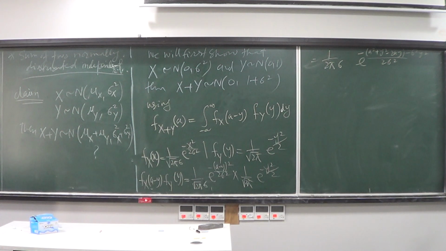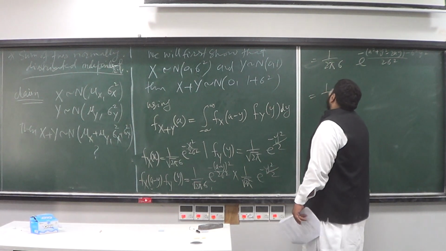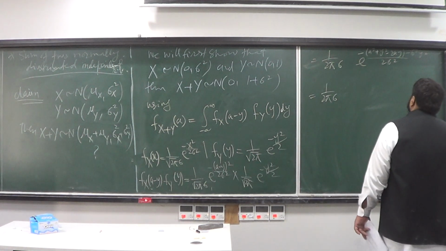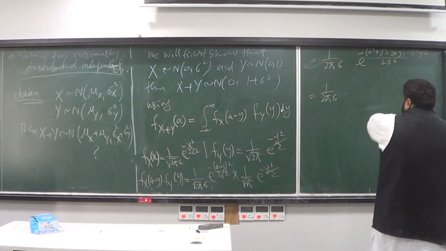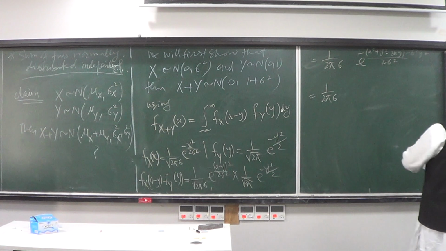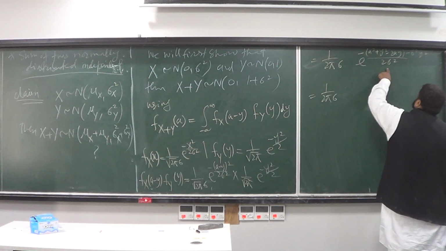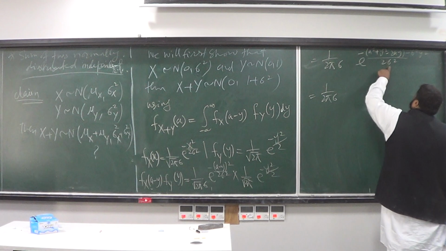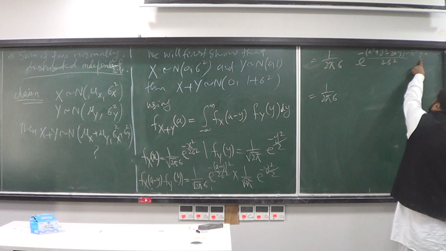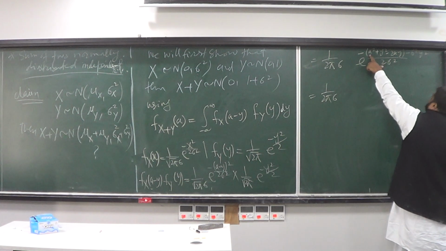Now you have to make simplifications. You have 1 over 2 pi sigma, and what more simplification can you make? All the other terms involve y, while this term is independent of y.